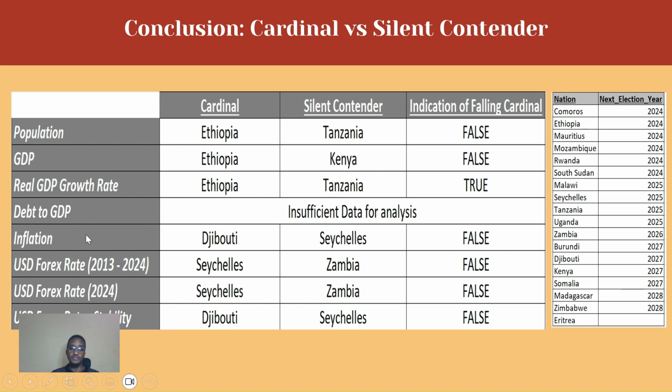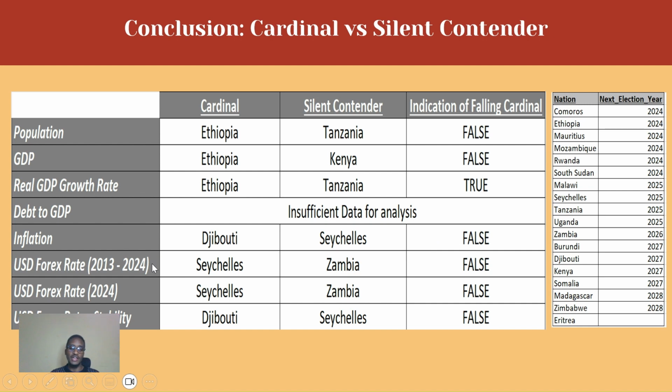Then for inflation, we observe Djibouti and Seychelles as your cardinal and silent contender, respectively. But just based off on the variability from Seychelles' end, there is not a likelihood that it will usurp Djibouti. So in this case, we don't have an indication that Djibouti is falling in terms of the inflation piece.